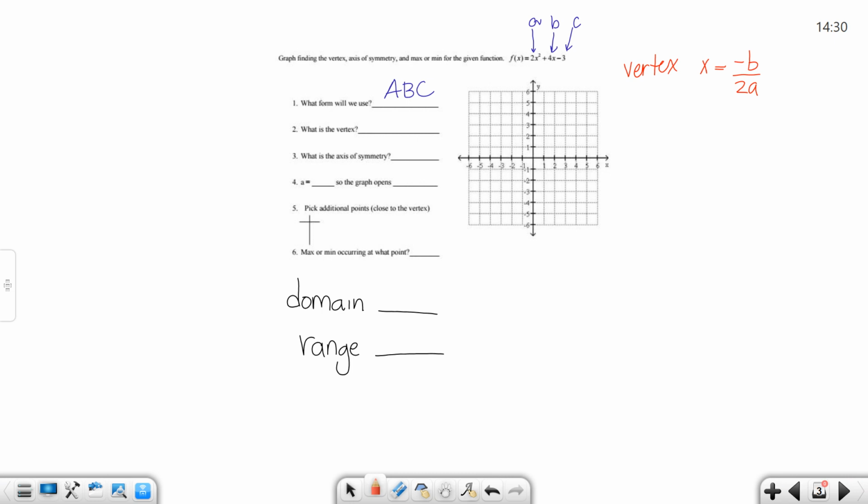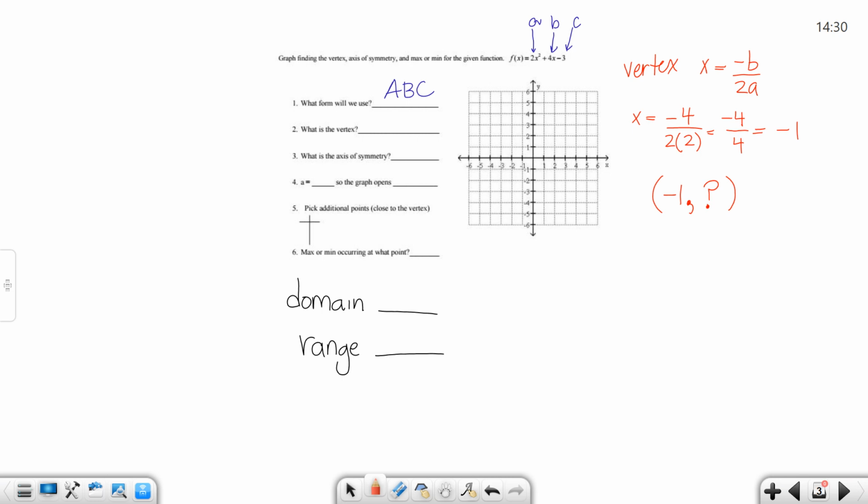So in this particular problem, b is 4. So you're going to say negative 4 over 2 times a. So that's negative 4 over 4, which is negative 1. Now a vertex is a point, it's not just an x value, so it's actually going to be the point negative 1, something. I don't know what that something is.